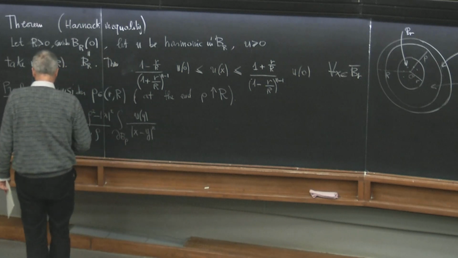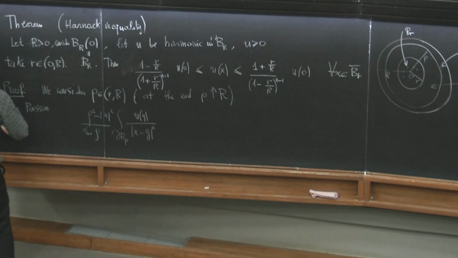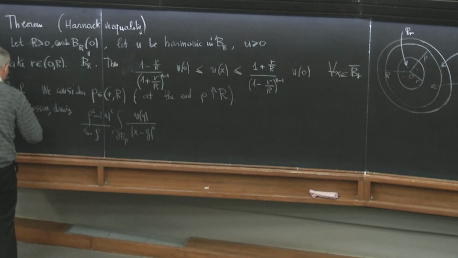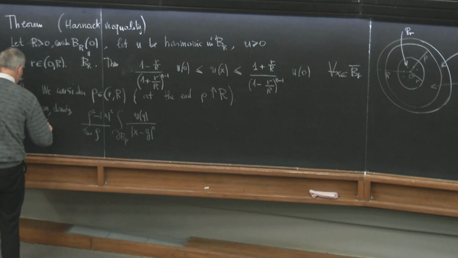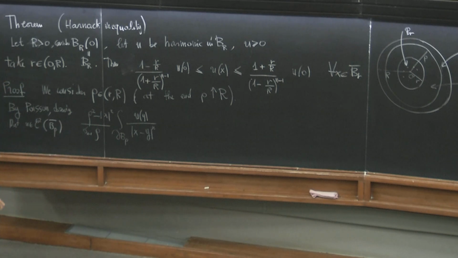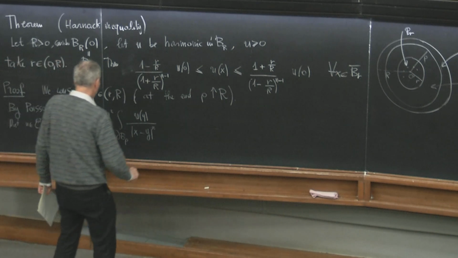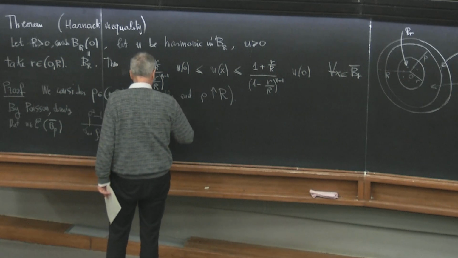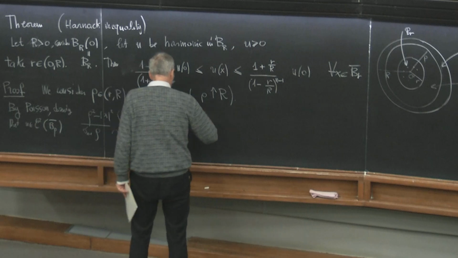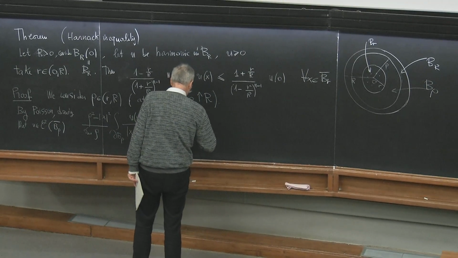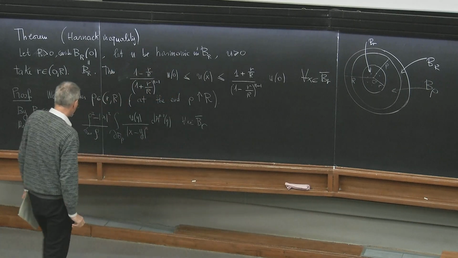Oh yes, by Poisson, and observing that u is harmonic, so we can write u of x for any x in the closure of the small ball.